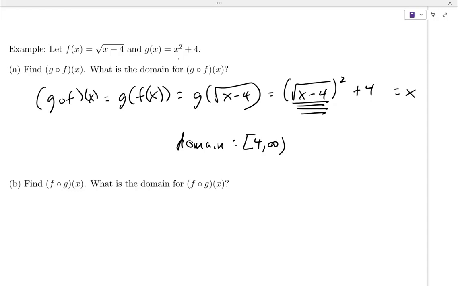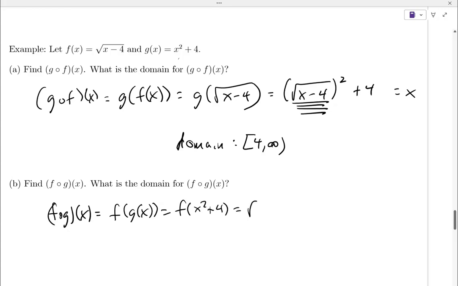Versus the other way around, if I do f composed with g of x, f of g of x, what's g of x in this case? x squared plus 4. So we do square root of x squared plus 4 minus 4, right? Underneath the radical, that simplifies to x squared. What do you get when you do square root of x squared?